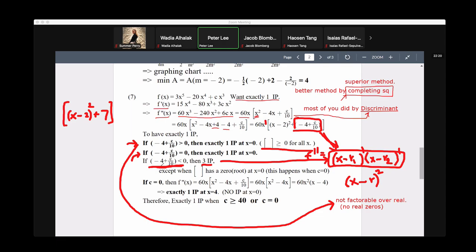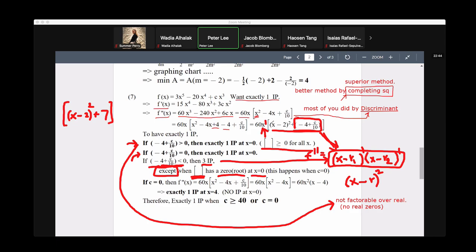However, there's an exception. So what happens if this parenthesis right here has a root, a 0, at x equals 0? Now we already have a 0 right here. Is it possible that this guy has the root 0? And yes, it's actually possible.